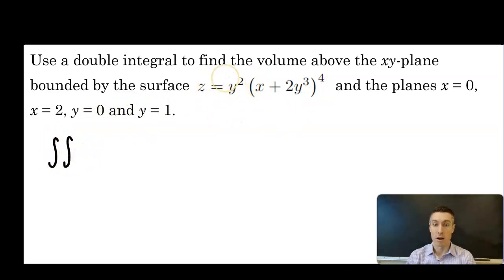We're going to integrate the function defined as the surface, so y squared, (x plus 2y to the third) to the fourth. Fubini's theorem says the order doesn't matter, but there's a little asterisk next to that. Sometimes the function tells you it does.